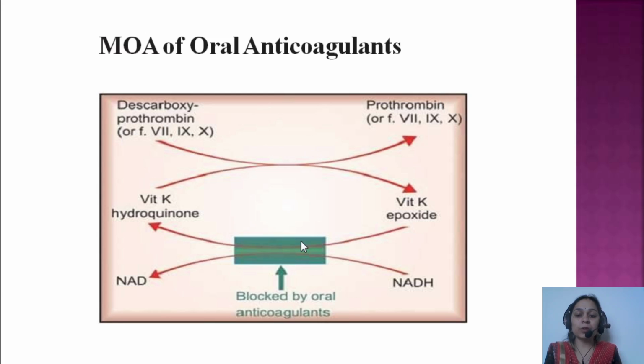They interfere with regeneration of the active form of vitamin K, that is the hydroquinone form, which carries out the final step of gamma carboxylating glutamate residues of prothrombin and factors 7, 9 and 10.